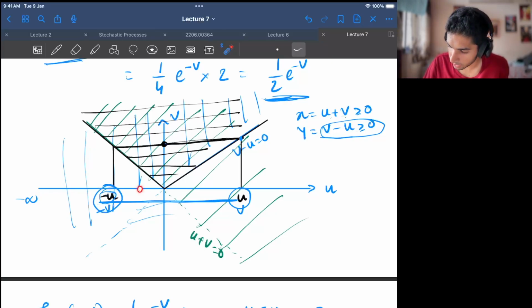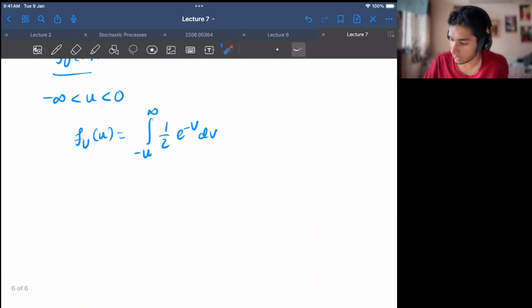If you are here, the value of this is, let's say, u, then the value of this is minus u, and if you are going here, you basically are going here, right? So the value of v is going from minus u to infinity, right? That is what I have written here, minus u to infinity.